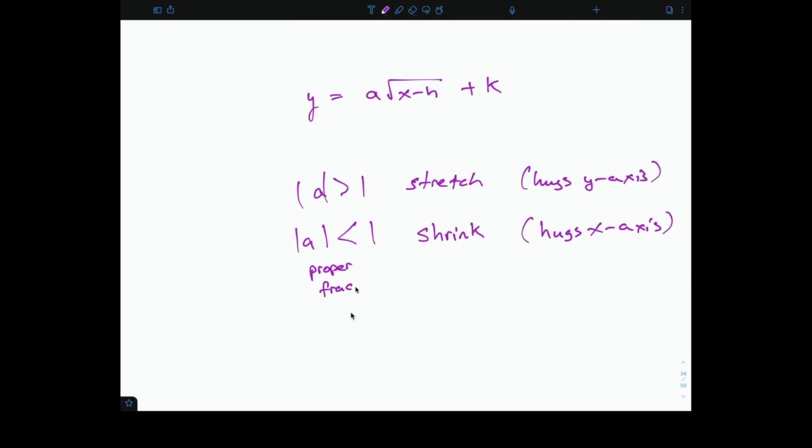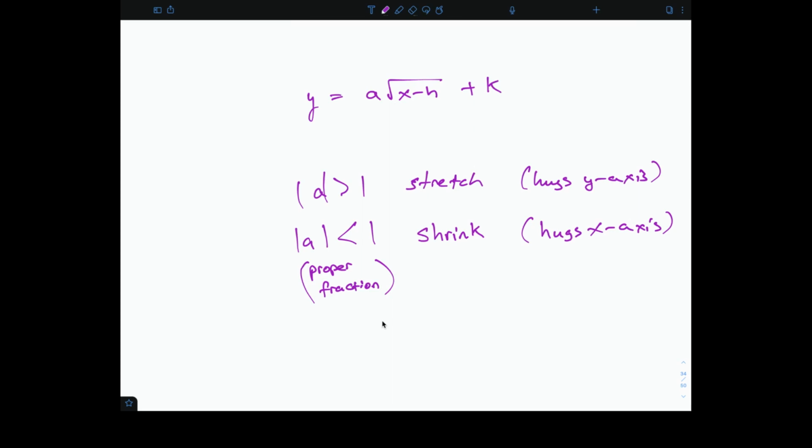But you also got to remember you can't get mixed up with fractions in general, because if it's an improper fraction, when the numerator is greater than the denominator, like we saw with 3 over 2, then that would be a stretch, because 3 over 2 is 1.5, which is greater than 1. So if you do have any doubts, just type it in a calculator.